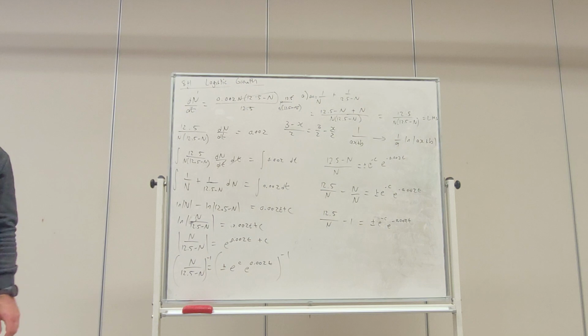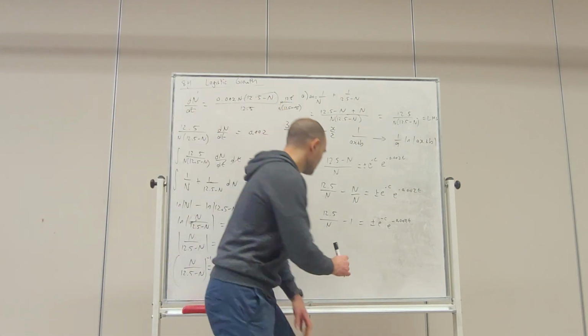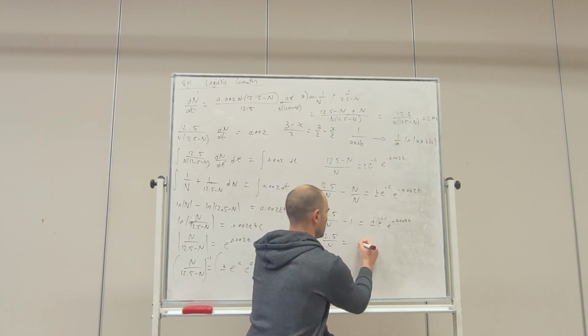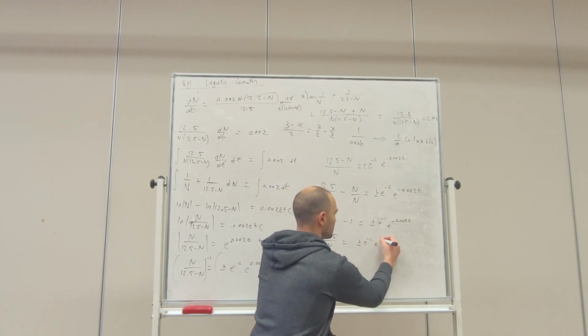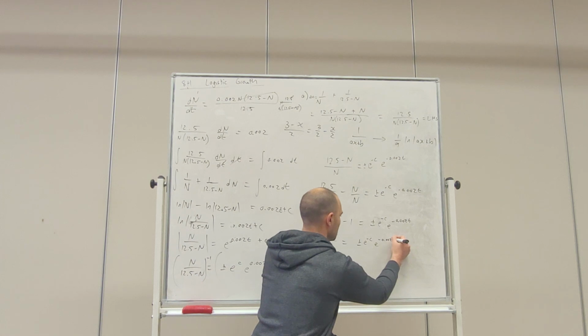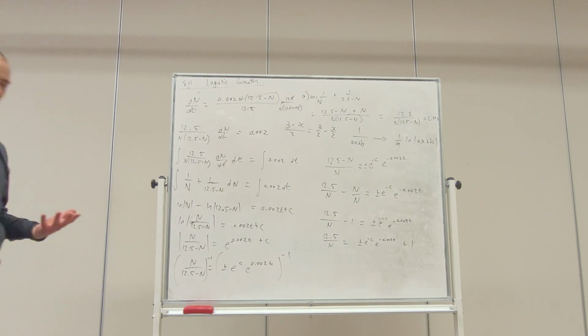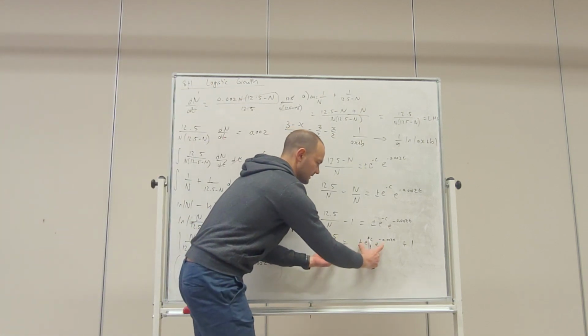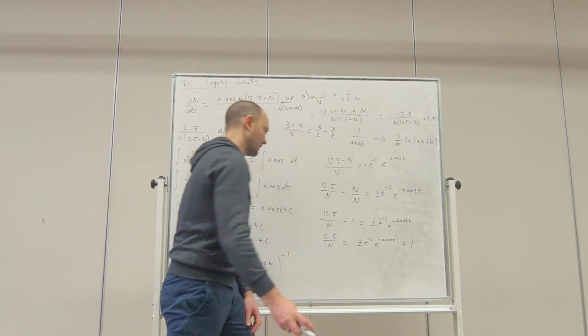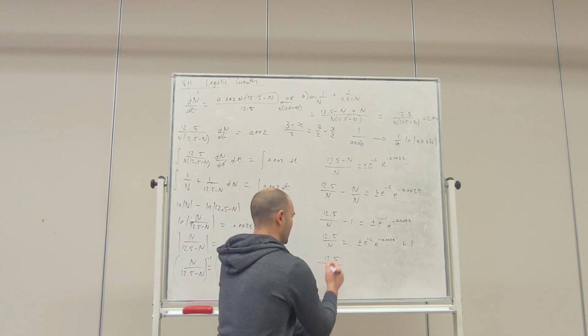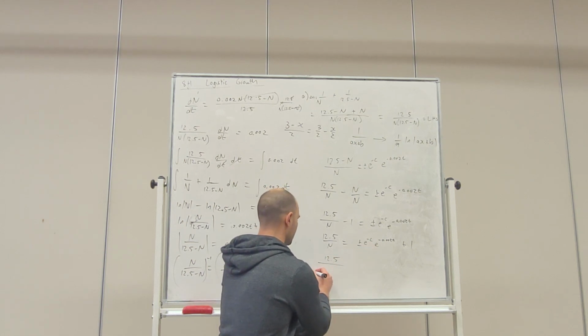Okay, plus 1 to both sides. And then what we're going to do is swap these components. Okay, so we're going to have 12.5 on top of our. Now's when I might perform the a substitution as well.